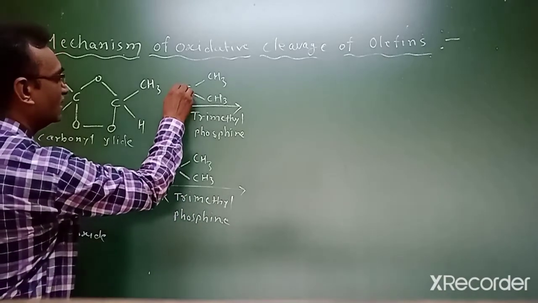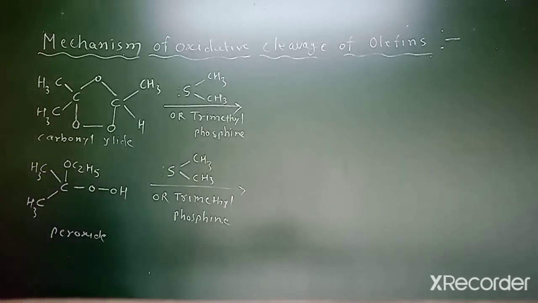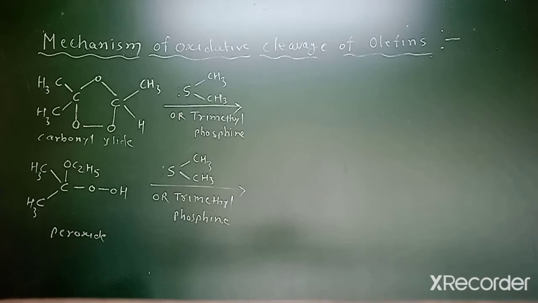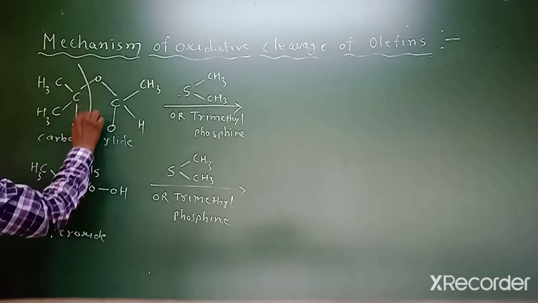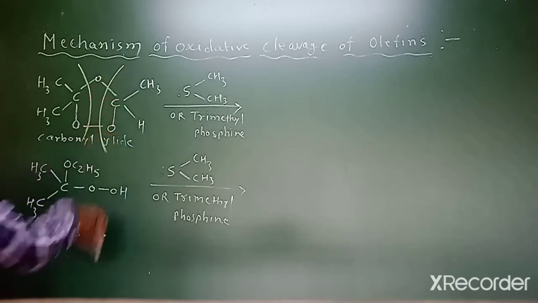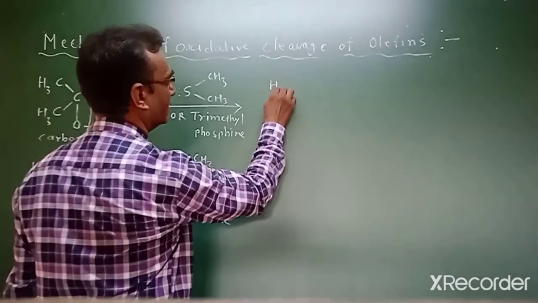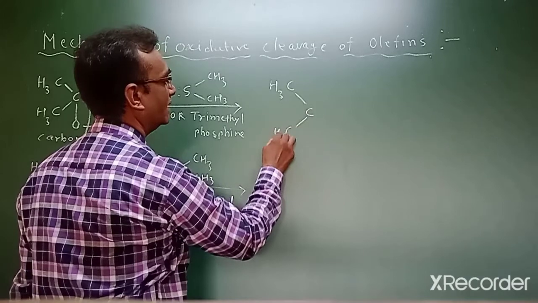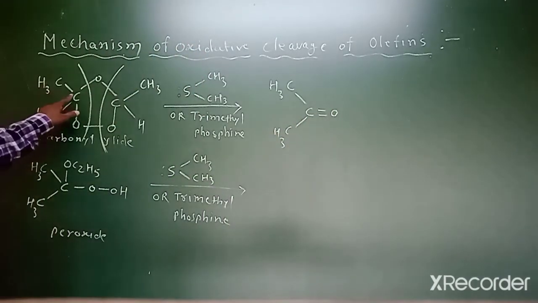The sulfur carries a lone pair of electrons. Now here, how the breaking takes place. There is a breaking of bonds. The breaking will take place like this. During this, there is formation of, firstly, acetone CH3C double bond O CH3.